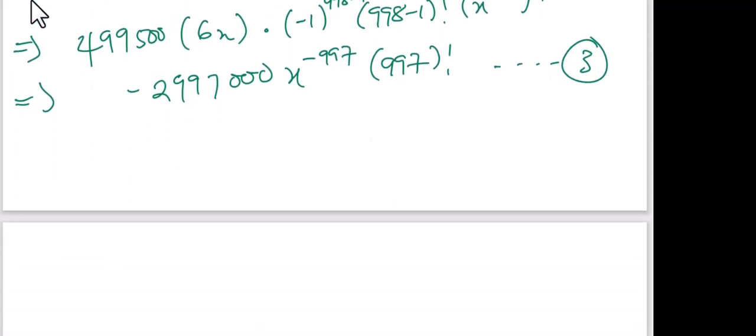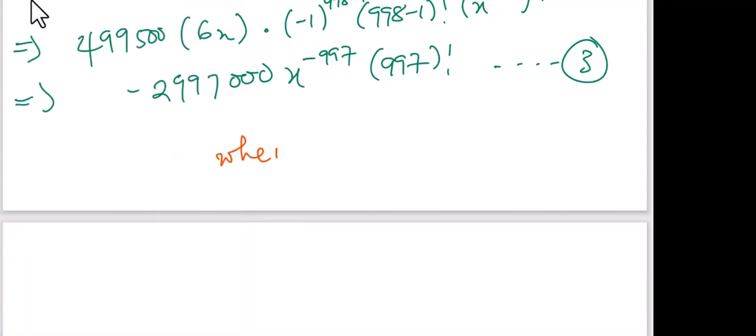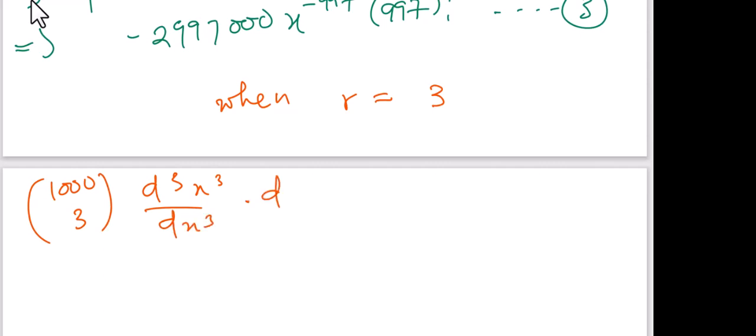Now let's see, when r is equal to 3, we have 1000 combination 3 times d^3 of x cubed times d^(1000 minus 3) of x^(1000 minus 3) ln of x.